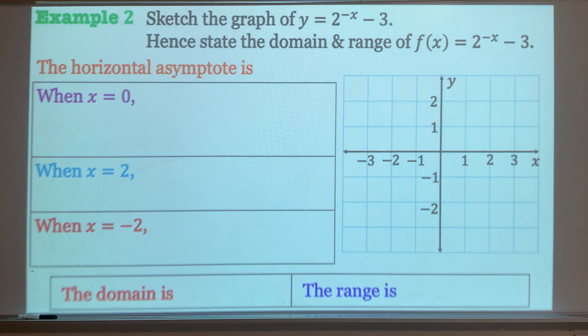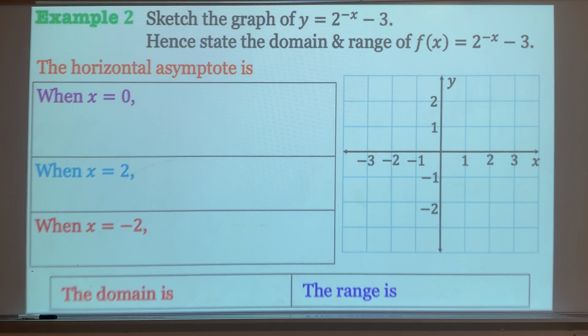Now we're going to look at example number 2. We're going to sketch the graph of y equals 2 to the negative x minus 3, and then state the domain and range of that graph. You're allowed to use your graphing calculator to check your answer, but let's try to sketch it first without any help.